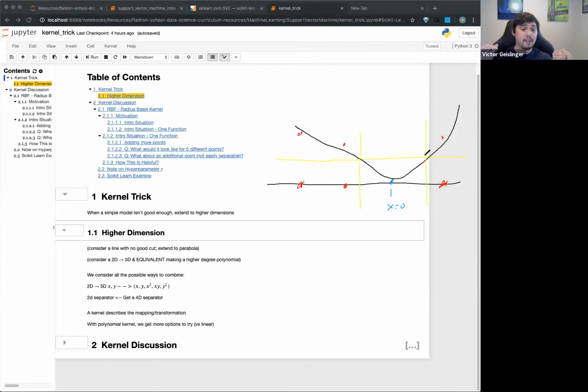Basically, I'm making fake features. I'm making a fake feature by using x squared as one of the features. So essentially, this is what the kernel trick is. You basically split the data into new parts that didn't actually exist beforehand. And this allows us to use a separator in that higher dimension, because usually in higher dimensions, it's easier to separate things.